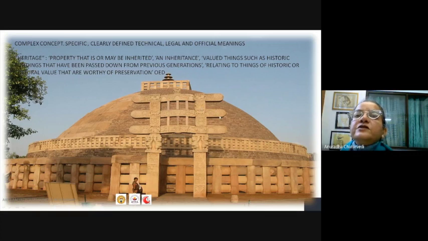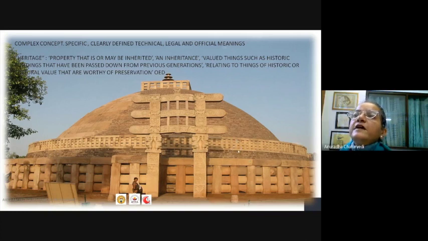So the definition or range of definitions related to heritage are: heritage is property that is or may be inherited. So everything that has been handed down to us from our ancestors can be considered as heritage. Heritage is an inheritance which has been given to us by our predecessors.